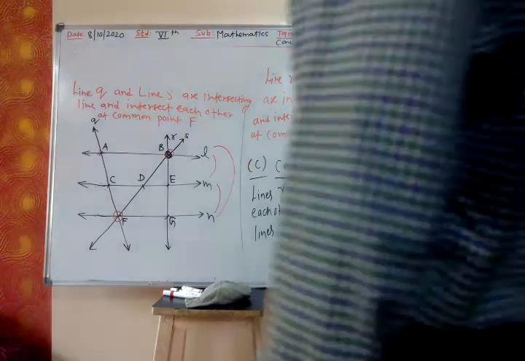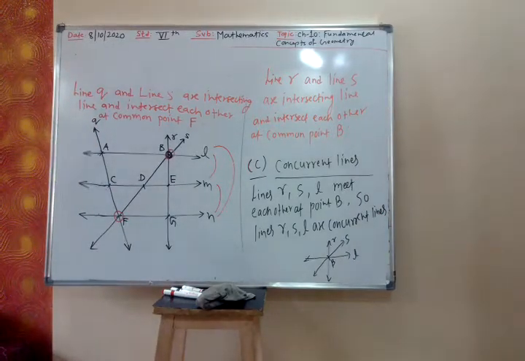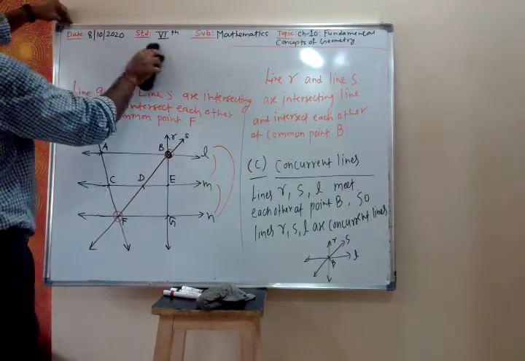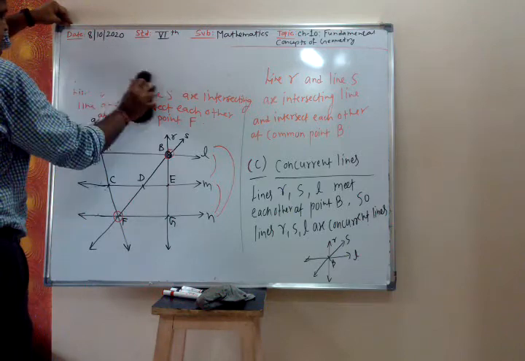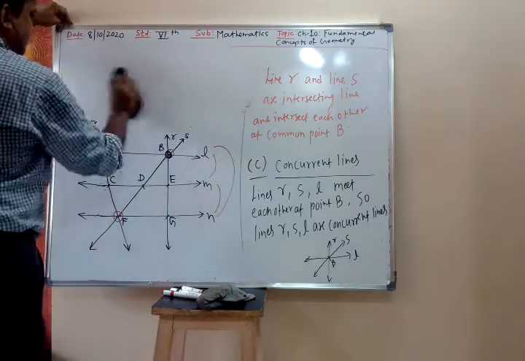This is the second example of concurrent lines. Concurrent lines means three or more lines meet each other at a common point.